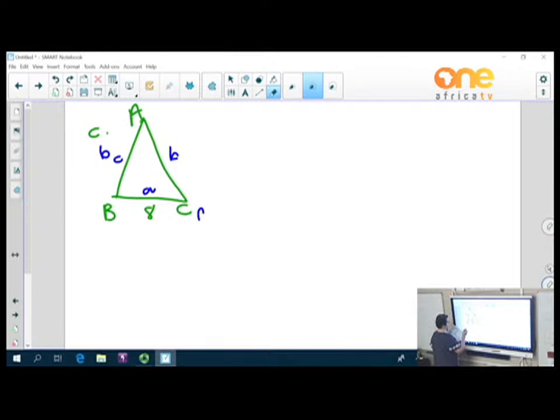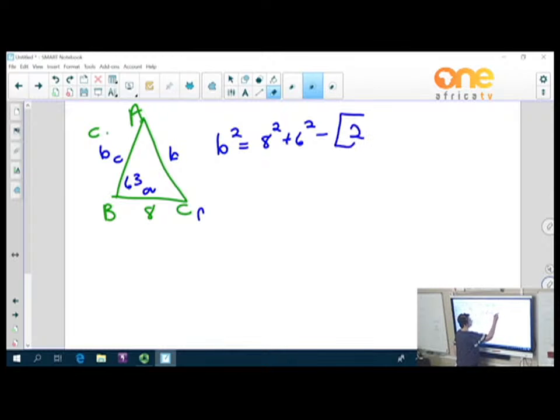And angle B is 63 degrees. Again, 2 sides, and the included angle, you want the third side there. Find that B. So B squared is equal to 8 squared plus 6 squared minus 2 times 8 times 6 cosine 63 degrees.